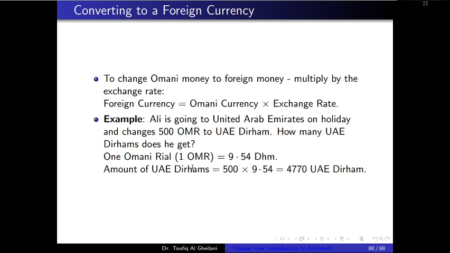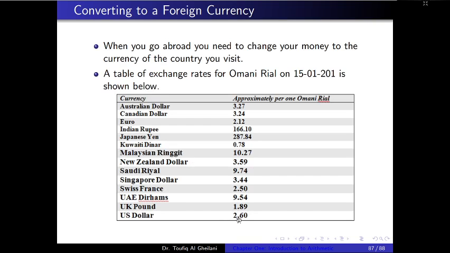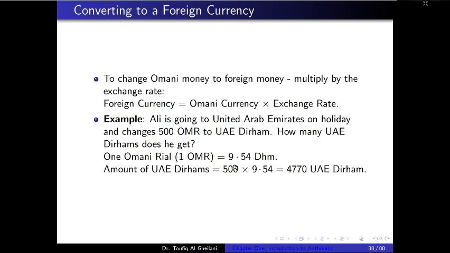We know from this table 1 Omani riyal equals 9.54 dirhams. So the amount of dirhams equals the Omani currency, 500, times the exchange rate, 9.54. That equals 4,770 United Arab Emirates dirhams.